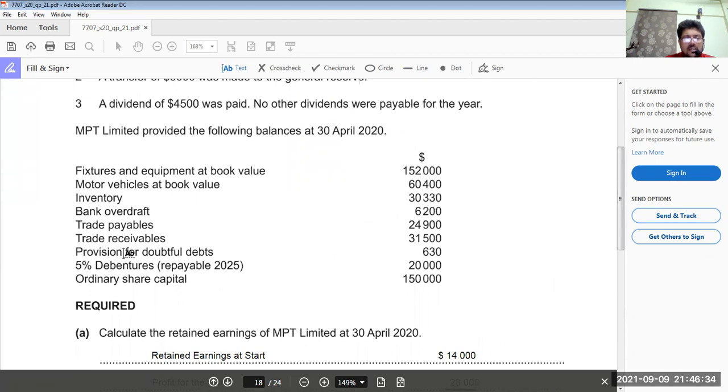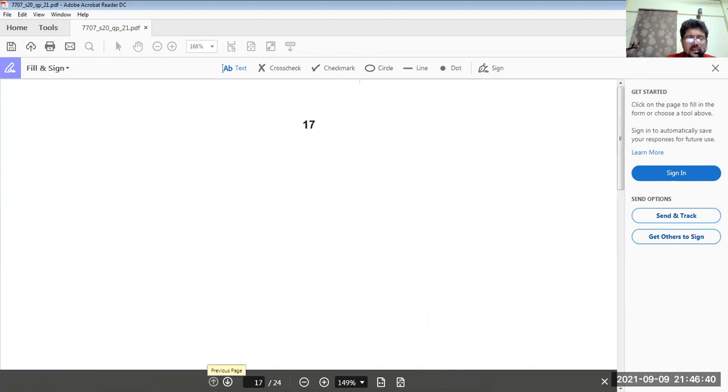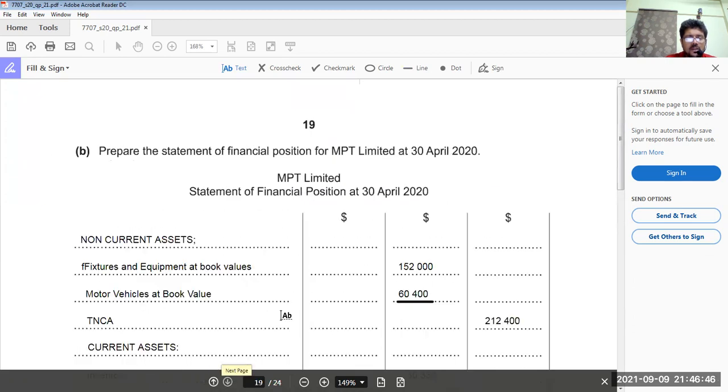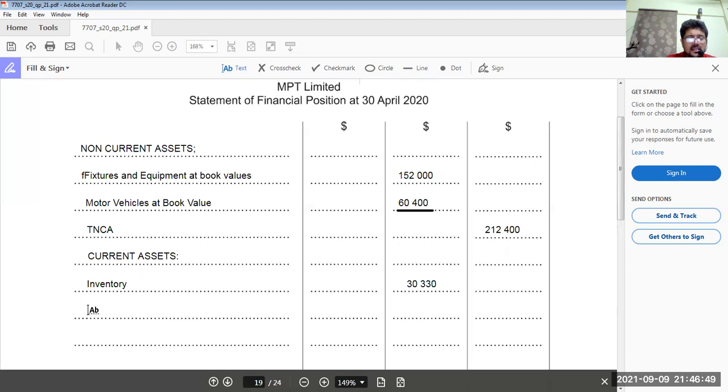Now trade receivables along with provision for doubtful debts is given. So what we have to do? We'll write trade receivable. In the first column, that was 31,500, less provision for doubtful debts. How much? 630. We should keep it in brackets.